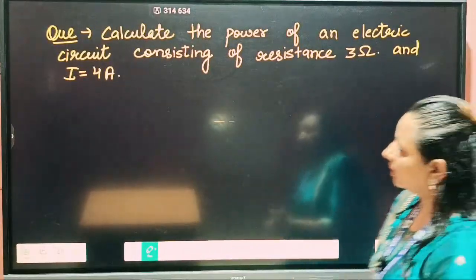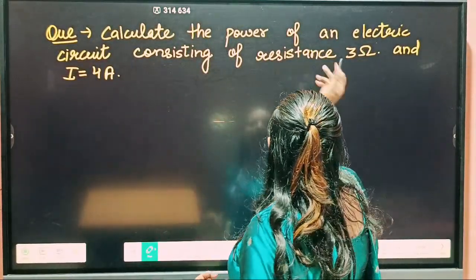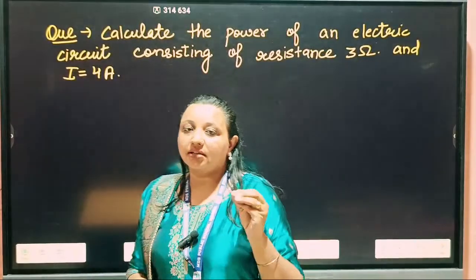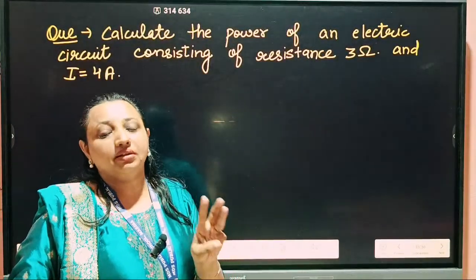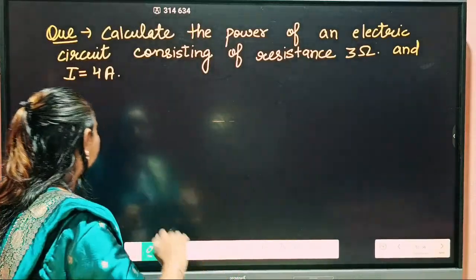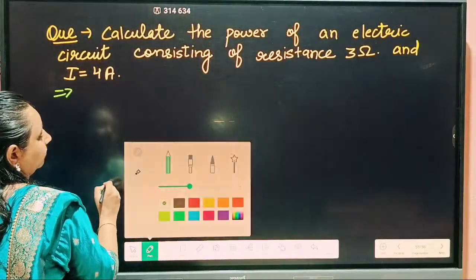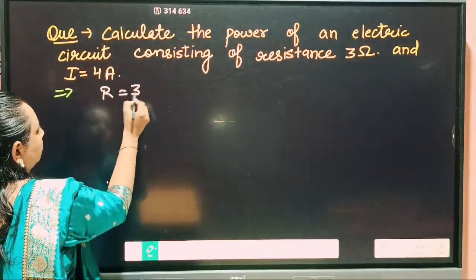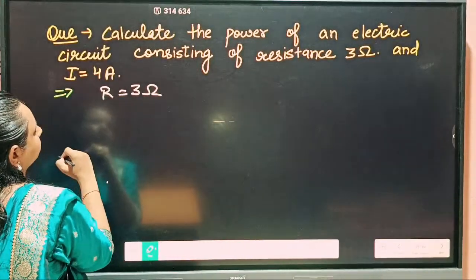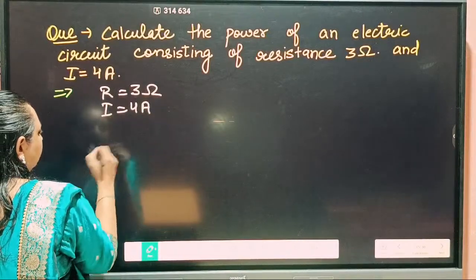Next, there is a numerical. Calculate the power of an electric circuit consisting of resistance 3 ohm. Write the given values, and then according to the given values, decide which formula among the three we are going to use. What we have given is resistance equal to 3 ohm and current equal to 4 ampere.